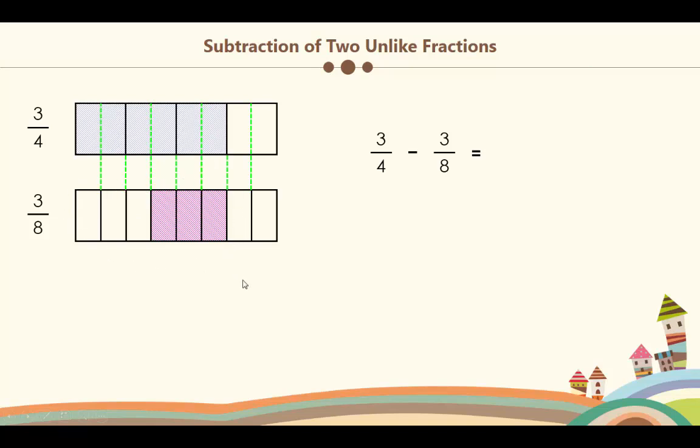It means 3/4 equals 6/8. We write the solution 3/4 minus 3/8 equals 6/8 minus 3/8 equals 3/8. We cannot simplify 3/8 because 3/8 is the simplest form.